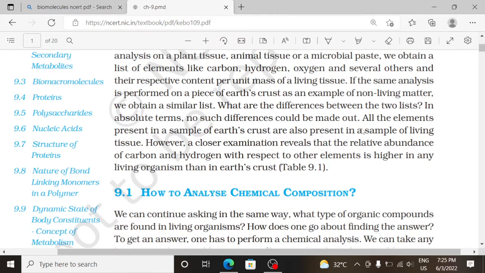In absolute terms, no such differences could be made out. All the elements present in a sample of Earth's crust are also present in a sample of living tissue. However, a closer examination reveals that the relative abundance of carbon and hydrogen with respect to other elements is higher in any living organism than in Earth's crust.